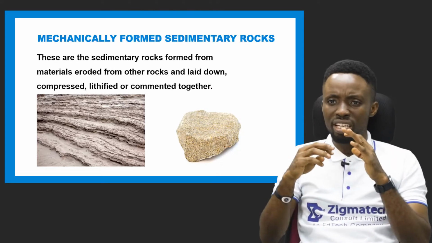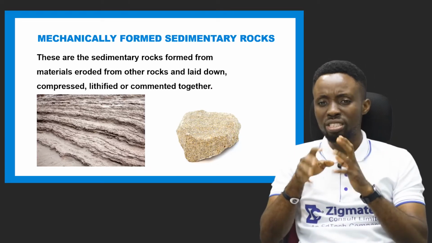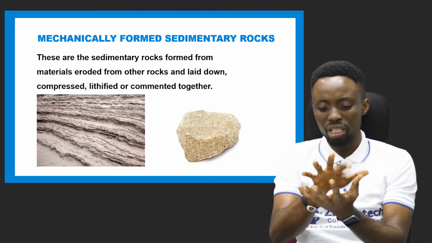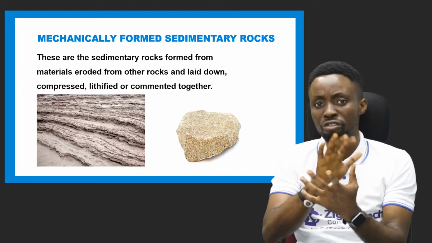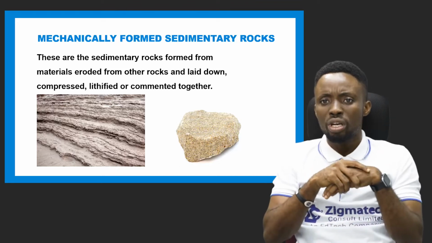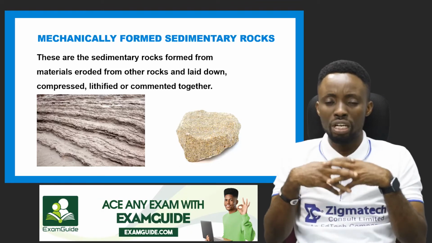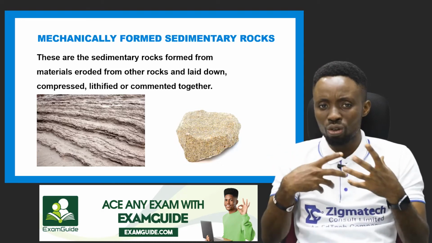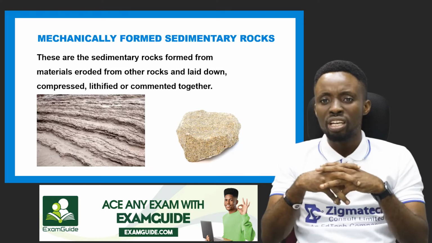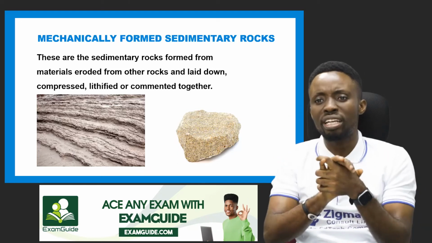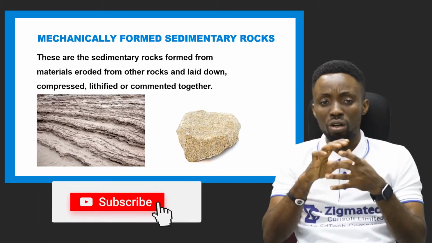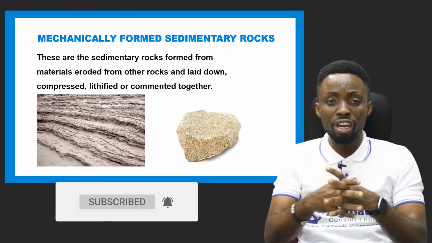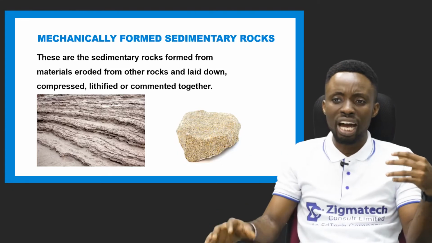Now when we say a rock is mechanically formed, that means it's formed by physical action or physical process. So in this type of formation, we just have eroded materials or debris or fragments being compressed and cemented together or lithified together by the action of rain, wind, and ice.